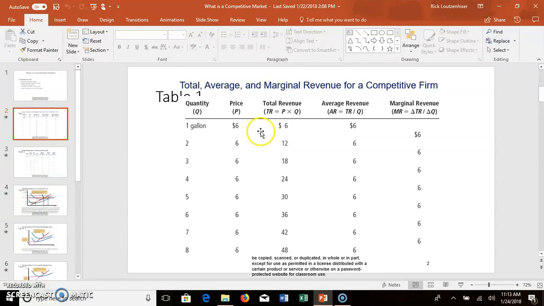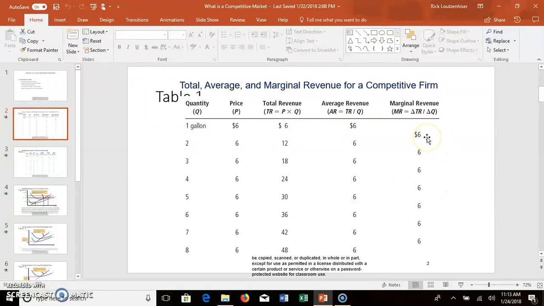The total revenue would be the number of gallons they produce times the price of 6, which gets them 12 for 2 gallons, and so forth. Then average revenue would be the 12 divided by 2 gallons, which gives them 6. Marginal revenue is the difference between where they're at this level and the next level: total revenue minus total revenue here, divided by quantity minus quantity there.